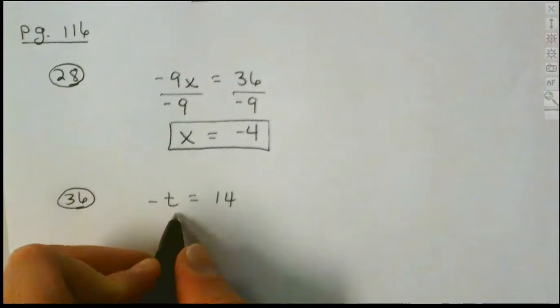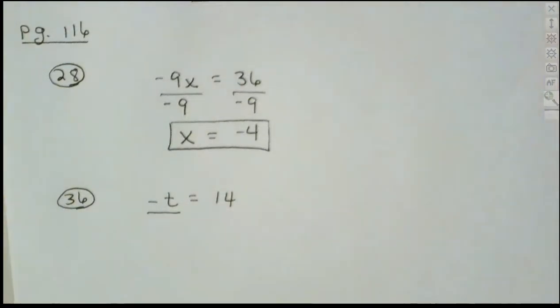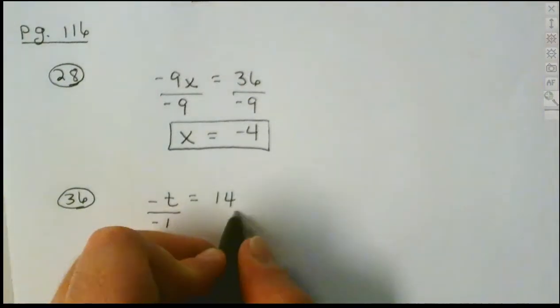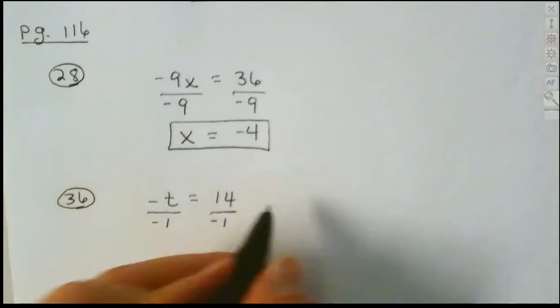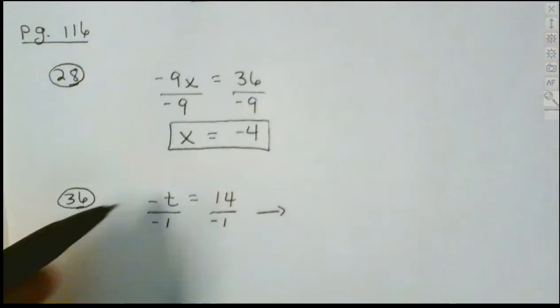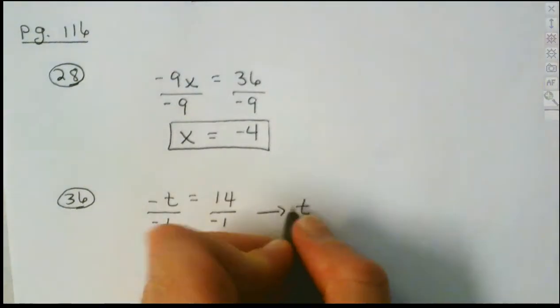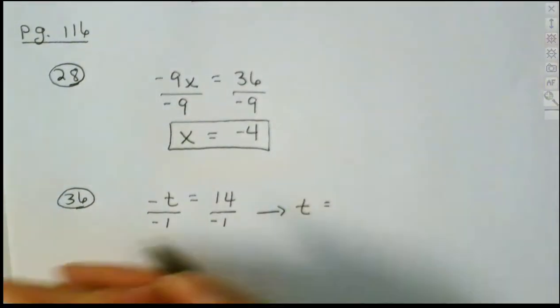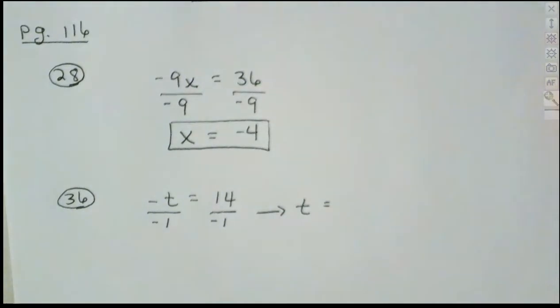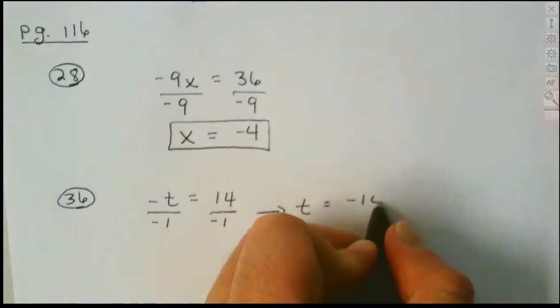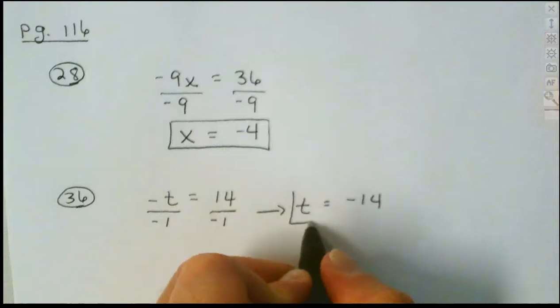Well, how do we get rid of it? We divide by a negative 1. That's going to switch my signs. And negative divided by a negative, that makes it a positive t. And positive 14 divided by a negative 1, that makes it a negative 14.